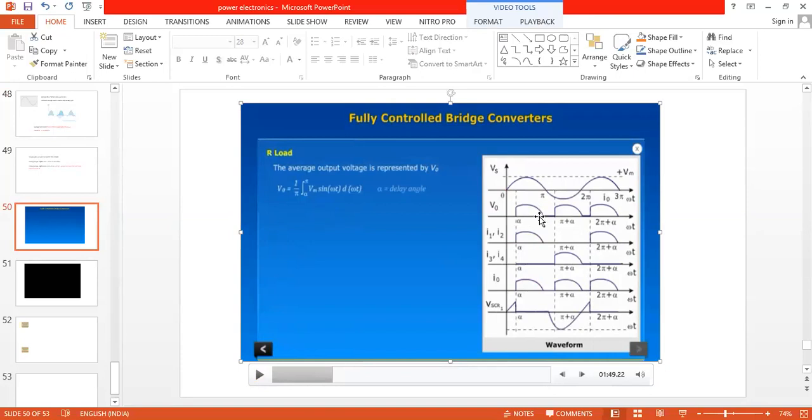So what is the length of this curve here? It is from alpha to pi. So higher value minus lower value, so pi minus alpha we can take. But here, if you see the output voltage, it is reaching the maximum value pi. So the denominator, the length of the curve, is nothing but pi here. If you take the length from 0, the denominator you are going to get is pi. For the area of the curve, the numerator, we have to take the integration. Integration from where to where? The output voltage is starting from alpha, so alpha to pi.